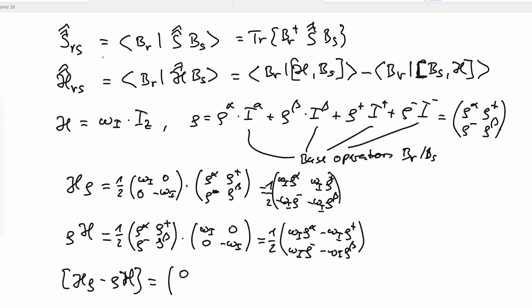The first element cancels, the last element cancels, while the other ones add up because they are of opposite sign. And so we have 0, omega I rho plus, minus omega I rho minus, and 0. And it's clear in this position, it's omega I rho plus times I plus and minus omega I rho minus, I minus.